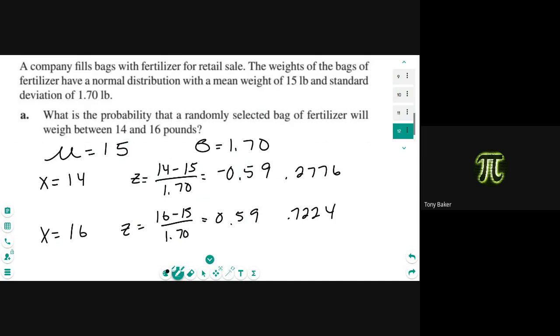Everybody find those two? What do we do with them? Subtract them, because we're looking between. So 44.48%. So the probability that a randomly selected bag of fertilizer will be between 14 and 16 pounds is 44.48%.